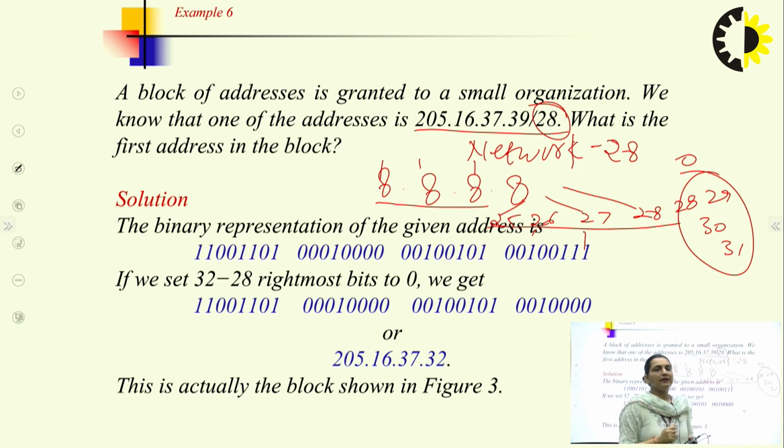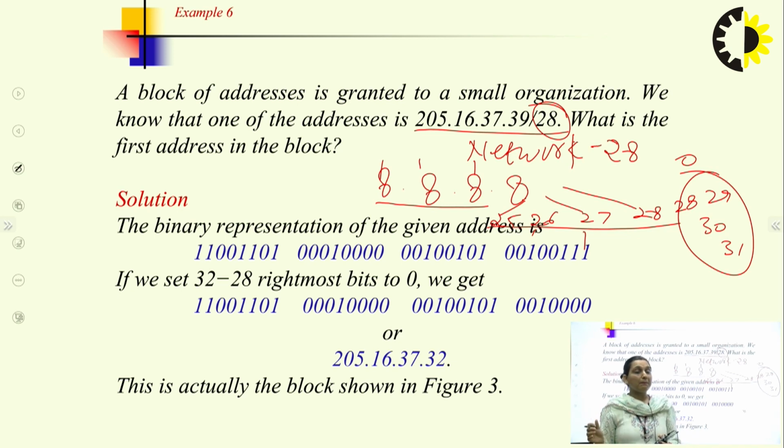And why do we need this subnetting? Because we know that IP addresses are wasted on hosts. In class A we have 16 lakh hosts, and we use them. So we borrow a bit from the host and give it to the network.